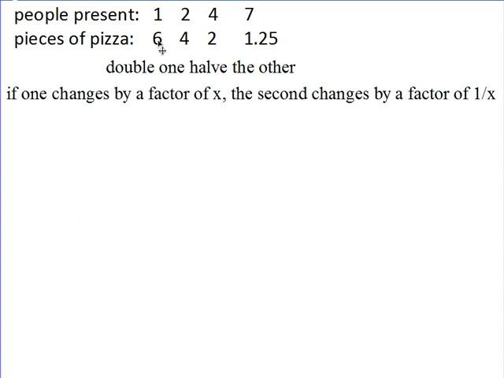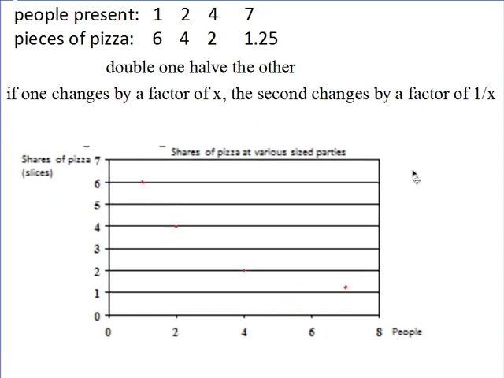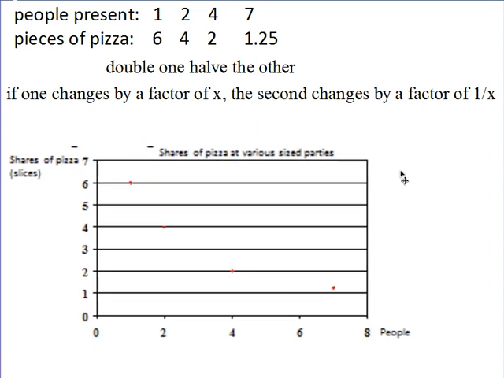If you take such data, not a direct proportionality, but in this case we're hoping it's an inverse proportionality, and graph it, clearly it is not a straight line passing through the origin. It is instead a swoop that kind of nests on the axes. If that's what you see, then you suspect it is an inverse proportionality.